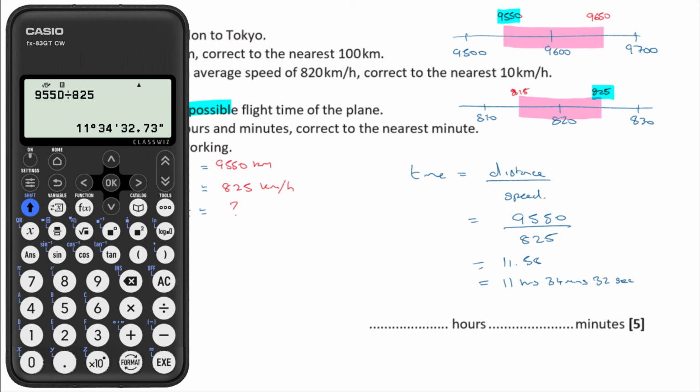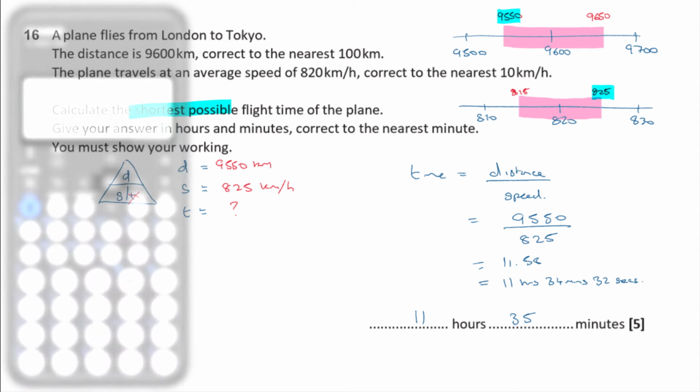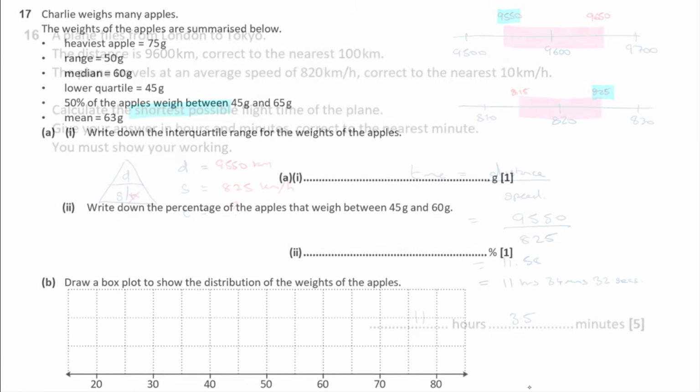So am I going to round that up or down then? 32 seconds is more than half a minute, so I feel like I should round that up. So to the nearest minute, it's going to be 11 hours and 35 minutes. I'm going to round up, because 32 is beyond halfway from 1 to 60, isn't it? Okay, 11 hours 35.